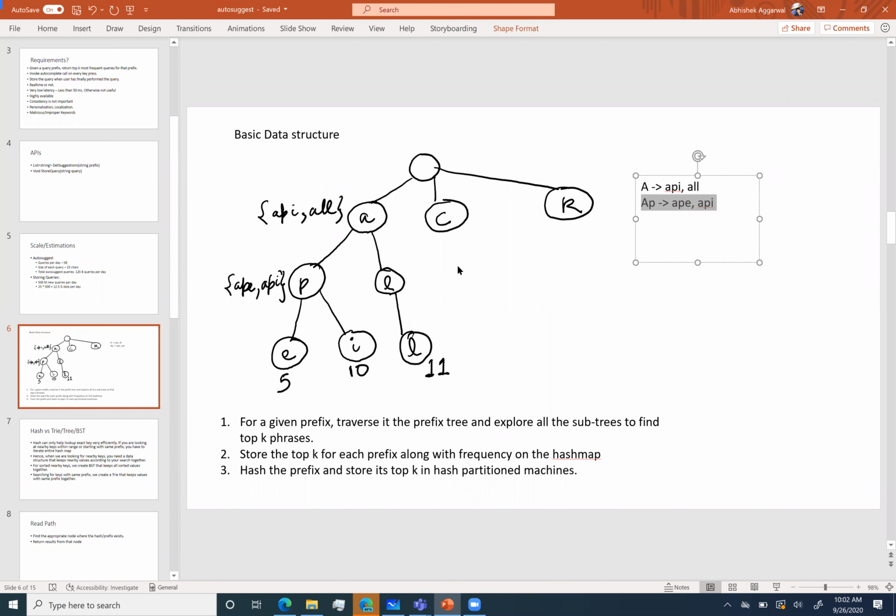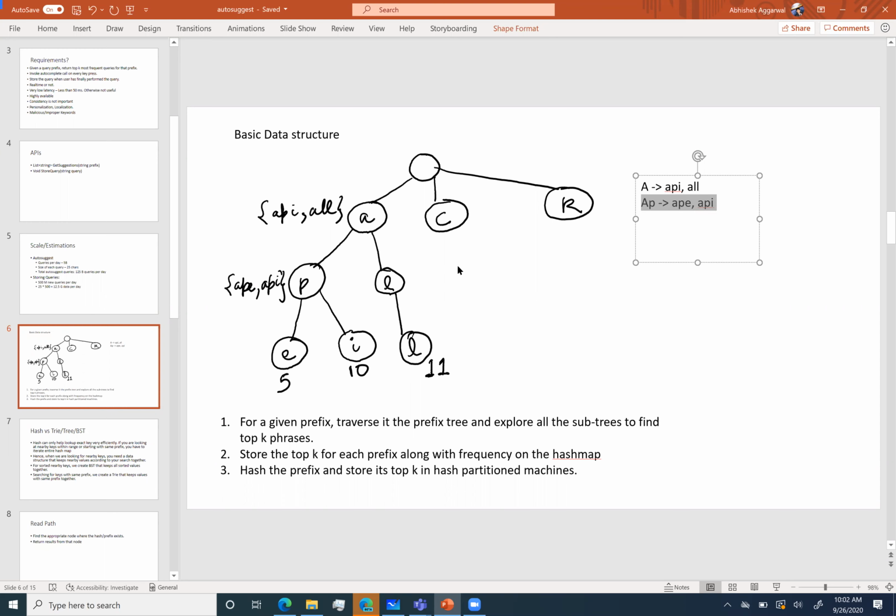But my query was a really big query. Generally, if you see on Google also, sometimes we copy paste from somewhere and put a really big query. I think they don't show suggestions in all the cases, but let's say I'm putting a really big query.